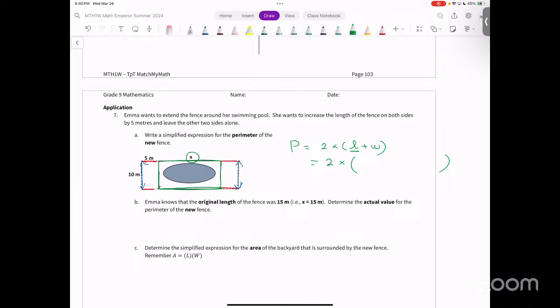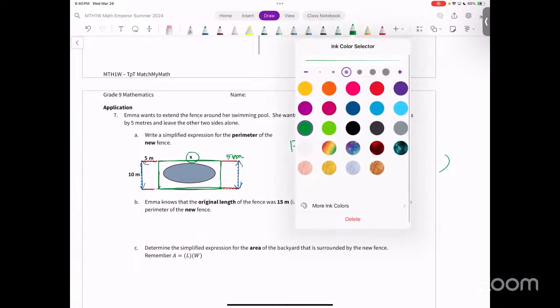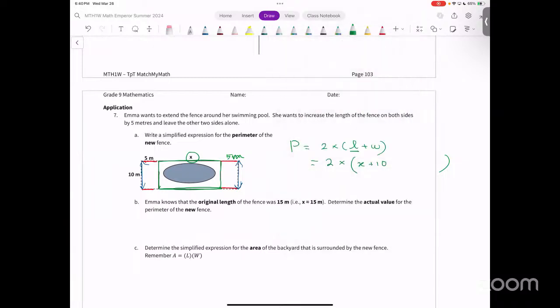The length is x plus 10, because this is 5 meters, and this is 5 meters. The length is right now x plus 10. Make sense? Are you following that? Okay, the width is another additional 10 meters. So that's a perimeter. We're going to simplify: 2 times x plus 20.